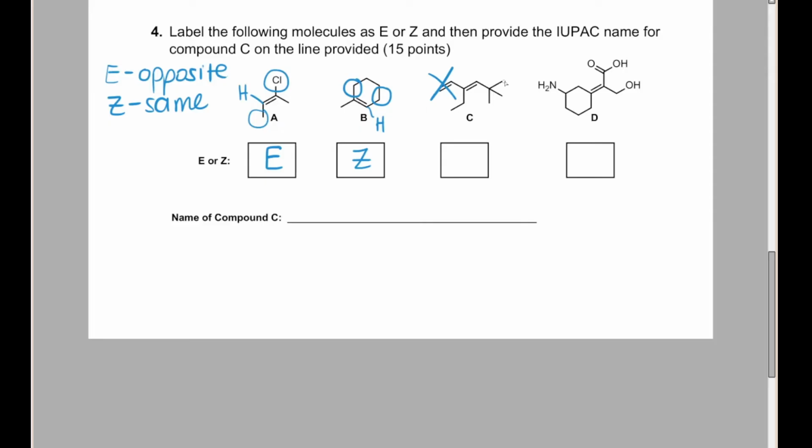So let's look at this alkene in the middle, this double bond. Let's fill in the hydrogen atom on the right side, and this makes it really clear that the bottom group is bigger, and so that's the higher priority group on the right side.